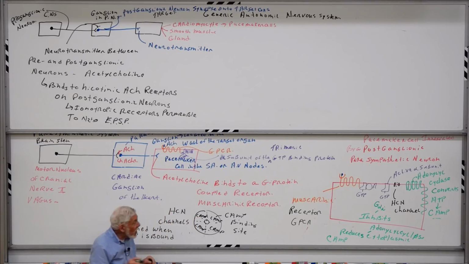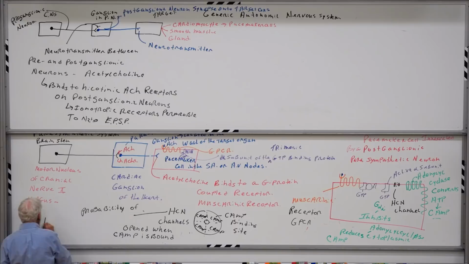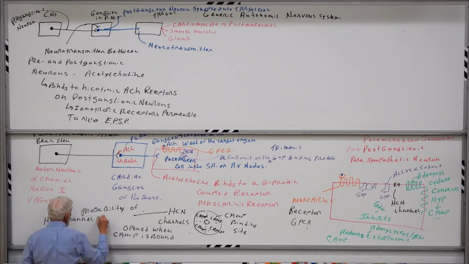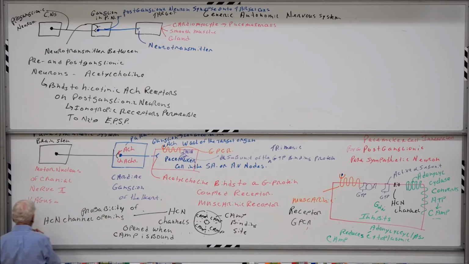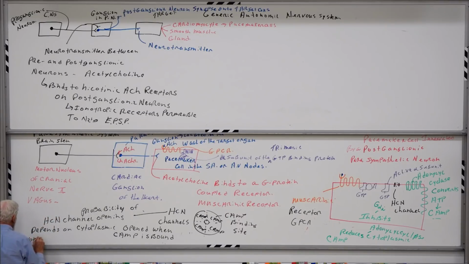That's a long-winded way of saying that the probability of HCN channel opening depends on the cytoplasmic concentration of cyclic AMP.